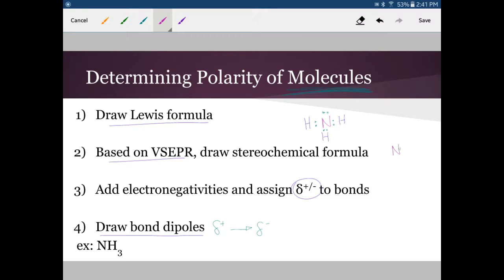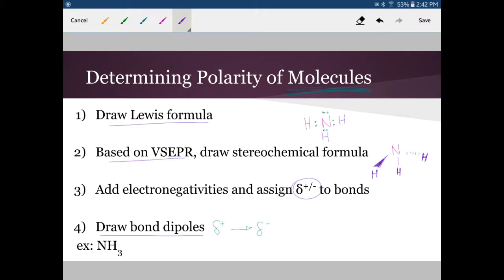So we'd have something like this. Okay, so we have a trigonal pyramidal.